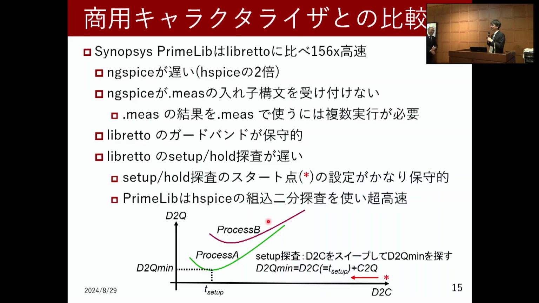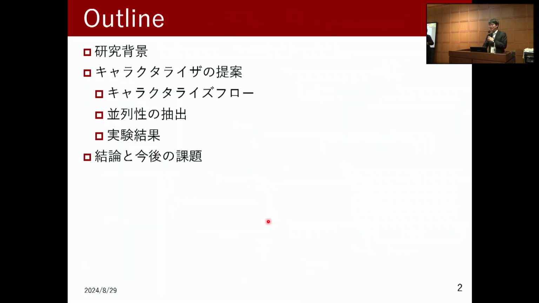Yes. We need the characterizer because we need to get it. So it seems that they are using some pre-characterized library. Yes. But the issue is we cannot add new things, new cells. So we need a characterizer. Okay, yeah, but using completely open source is very good. Yes. Thank you.